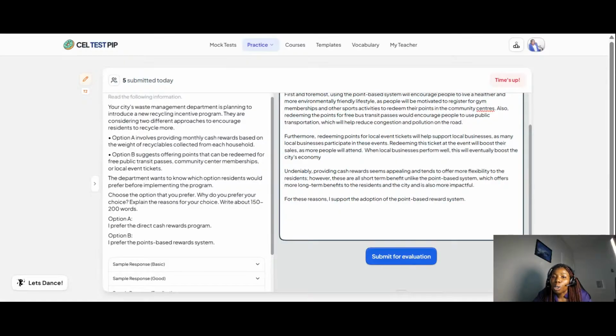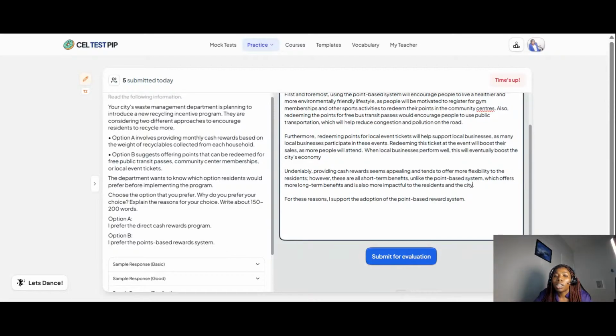However, these are all short-term benefits, unlike the point-based reward system, which offers more long-term benefits and is also more impactful to the residents and the city.